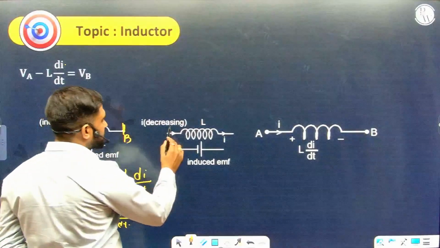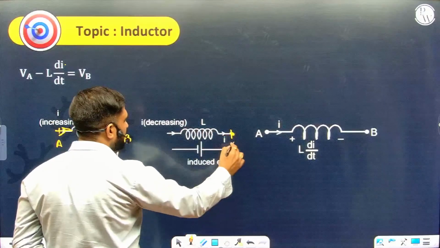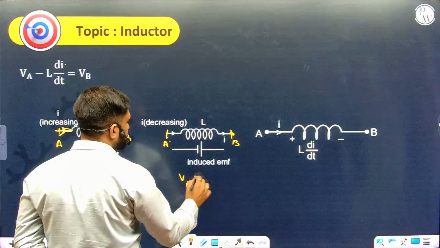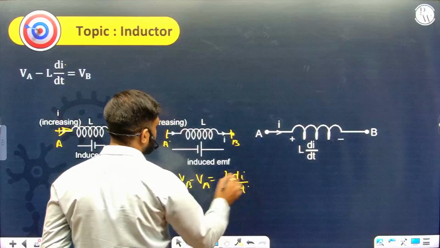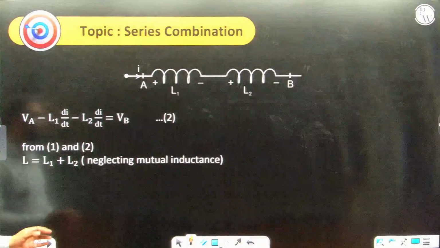If the current is decreasing, then the final potential will be higher. So VB this time will be higher than VA, and it will be L di/dt. Like this. And that's the symbol of the inductor, some general points.